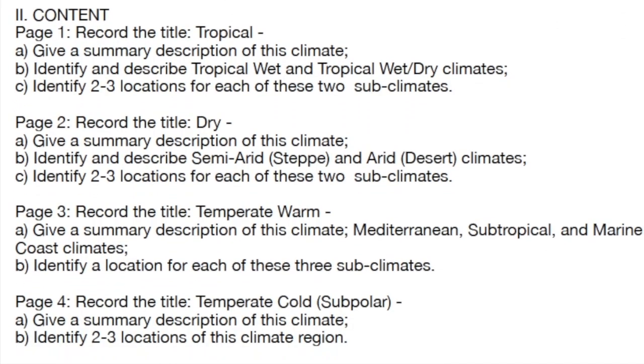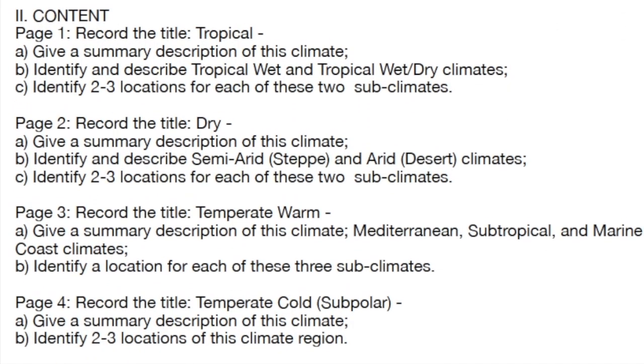Now, if you scroll down to content, the content portion of this focuses on those 5 pages, or 6 pages. For those 5 pages, page 1 is going to focus on the tropical climate.